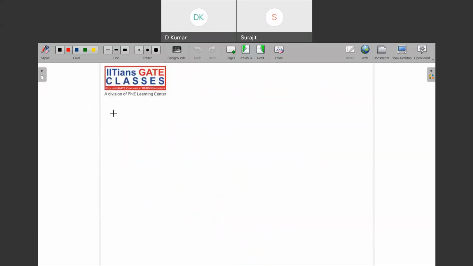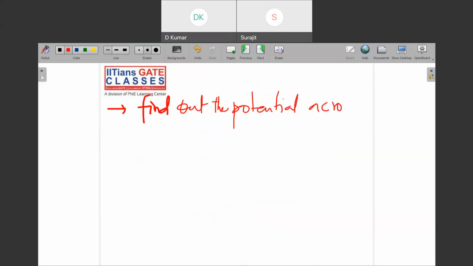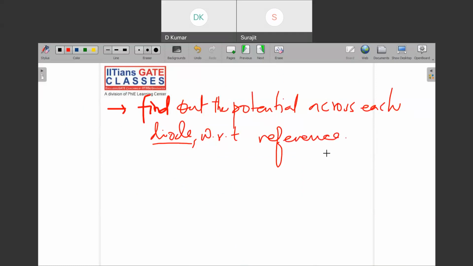Let me write here: find out the potential across each diode with respect to the reference. Here the reference is ground. Sometimes the reference will be the supply as well.